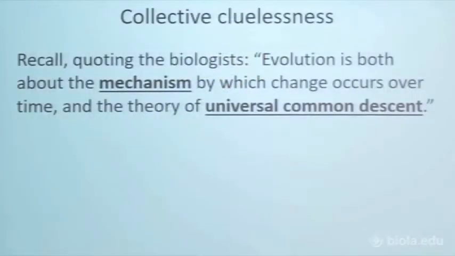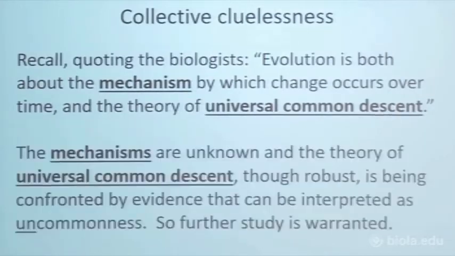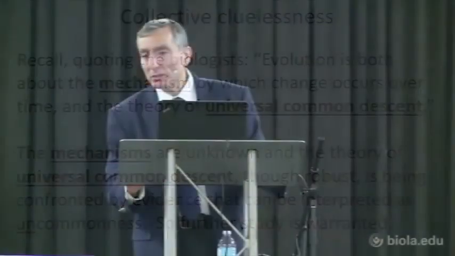Recall, quoting the biologist, evolution is both about the mechanism by which change occurs over time and the theory of universal common descent. But the mechanisms are unknown, and the theory of universal common descent, though robust, is being confronted by evidence that can be interpreted as uncommonness. So further studies are warranted. So we just do further studies. That's all I'm saying. Further studies are warranted.